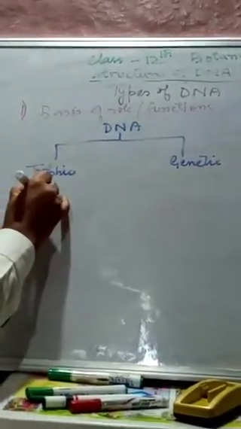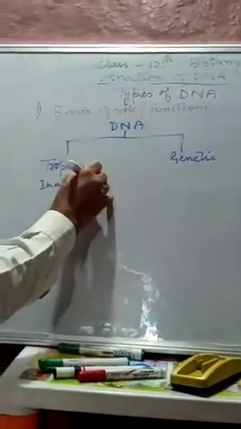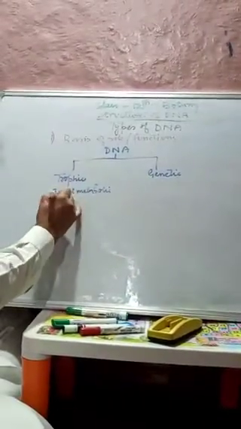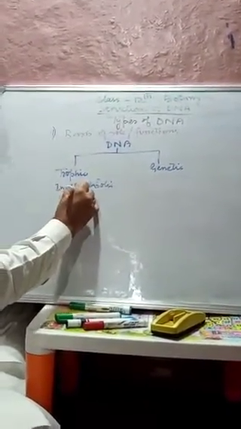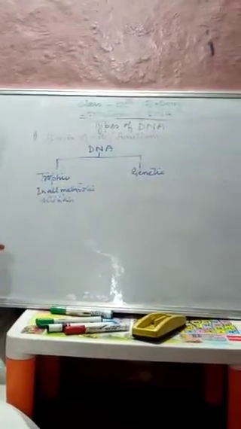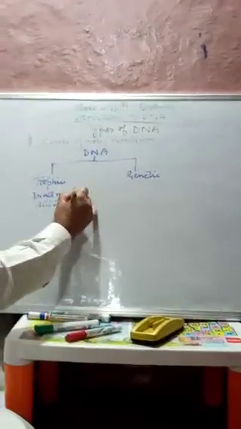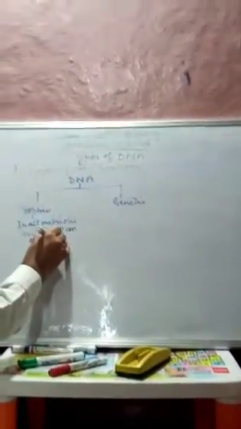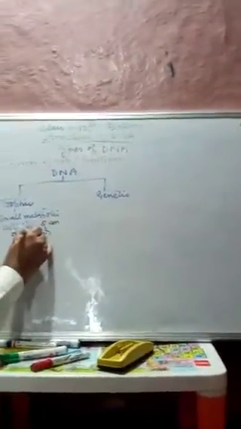Tropic DNA is that DNA which is involved in all the metabolic activities of an organism, except reproduction.